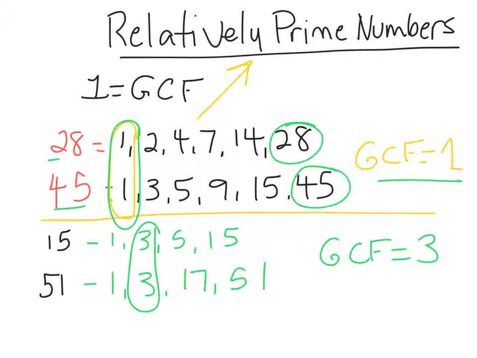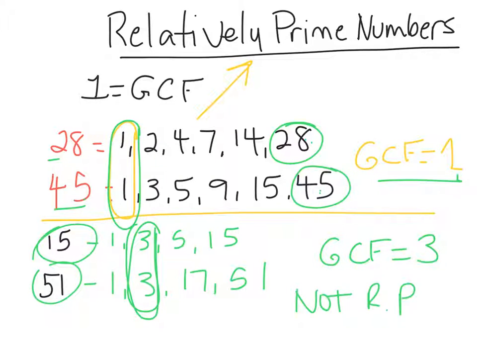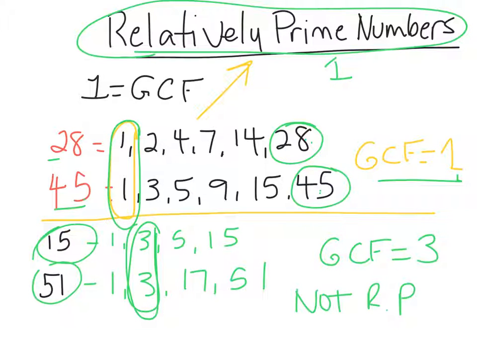Because the GCF is 1, we would say that 28 and 45, which I circled here, are relatively prime numbers. Down here, 3 is the greatest common factor, and so therefore 15 and 51 are not relatively prime numbers because the GCF has to be 1 in order to be relatively prime.